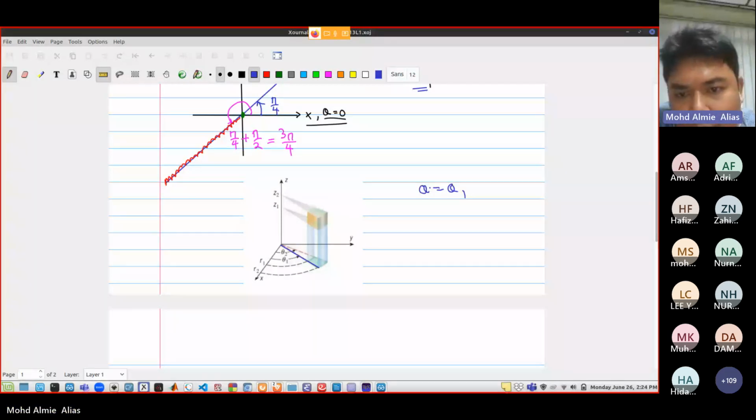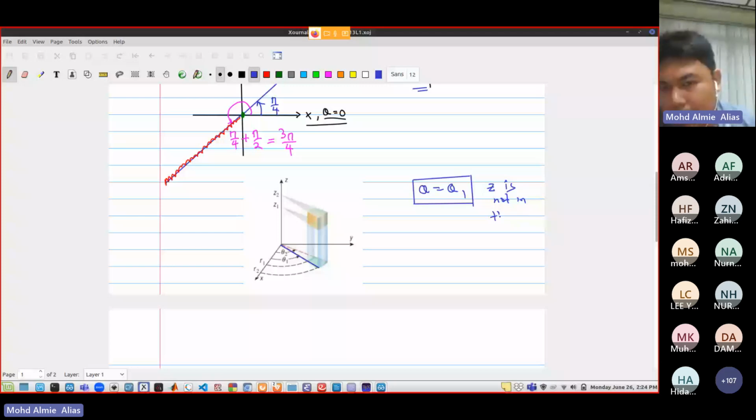It doesn't matter. For any value of z, theta always equals theta 1, because in this very simple equation, there's no z. Z is not in the equation, which means that regardless of the value of z, theta will always be equal to theta 1, so you can have multiple lines. Not only this, but you can draw more like this.